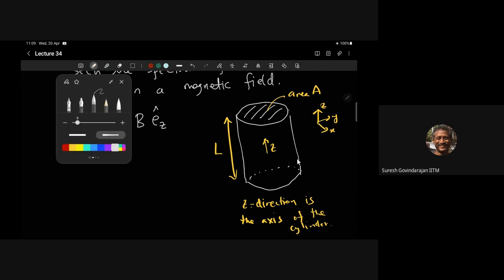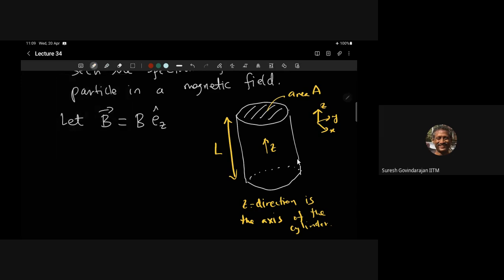The energy levels depend on only two sets of things. One is kz, and there's a second quantum number n with subscript L, which I'll explain in a moment. L for Landau.